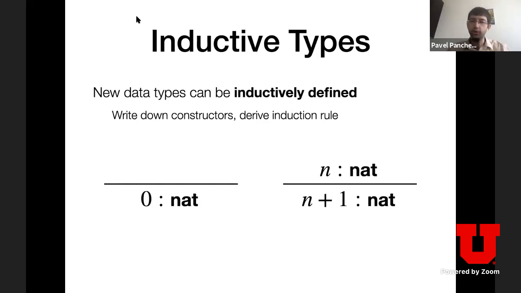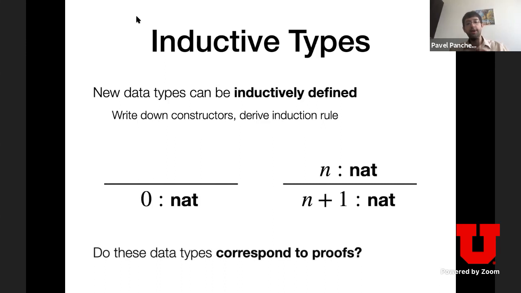values your program might compute over, like numbers or lists or trees or that kind of thing. But now I want to think about how these data types that we've written down correspond to proofs and properties. Because recall, one thing that we've been discovering throughout this series of lectures is that types that your program computes over, like pairs or functions, correspond somehow to proofs of various logical properties.